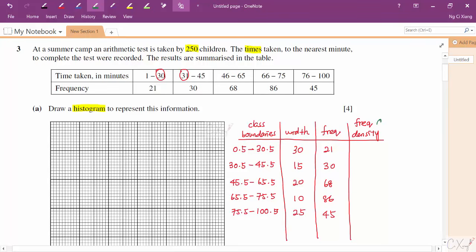For your information, the frequency density equals frequency divided by width. So the first frequency density here will be 21 divided by 30, which gives 0.7. 30 divided by 5, I'll get 2. And again, we do the same thing for the rest of the classes.